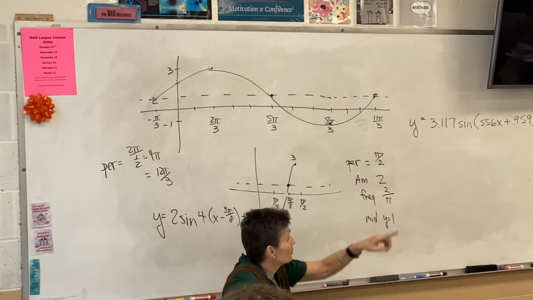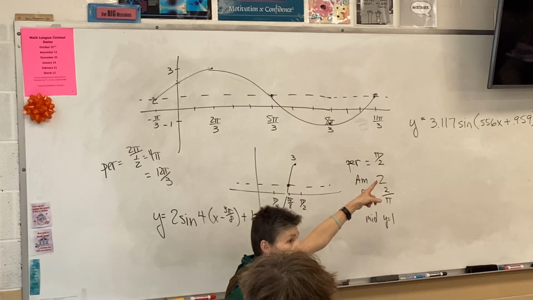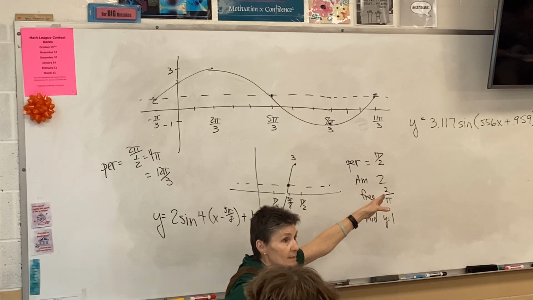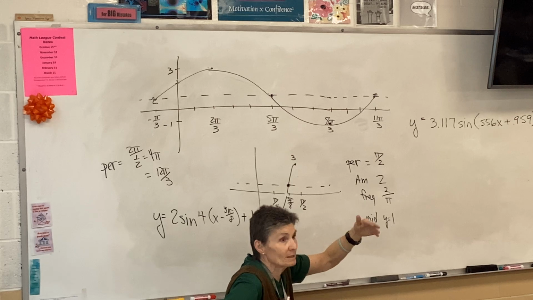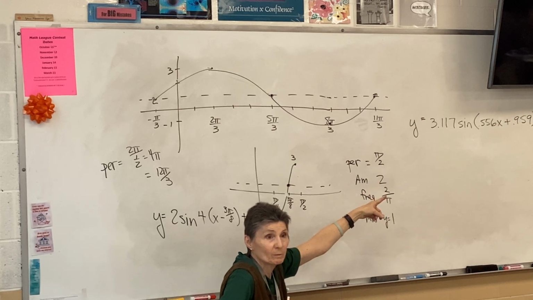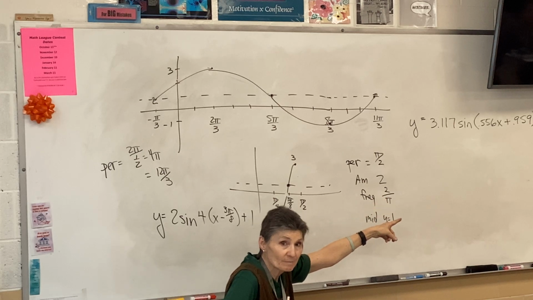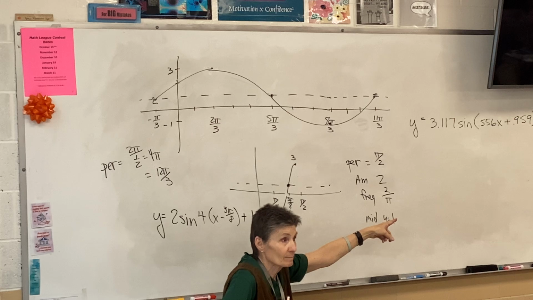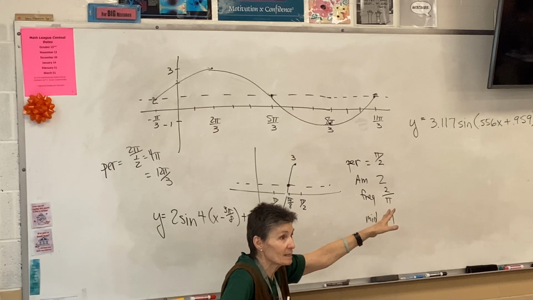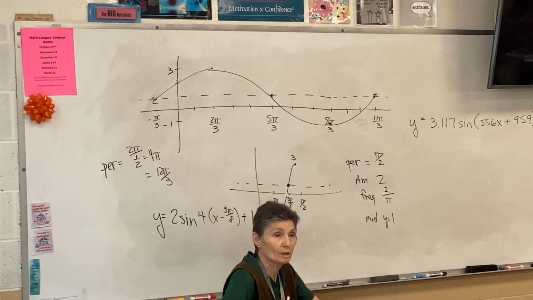So if you know your midline is at 8 point something and your amplitude is 3, isn't your minimum going to be whatever 8.108 minus 3.117 is? Won't that be your minimum? Is that okay with everybody? And the maximum would be the same thing, only instead of subtracting, you would add.